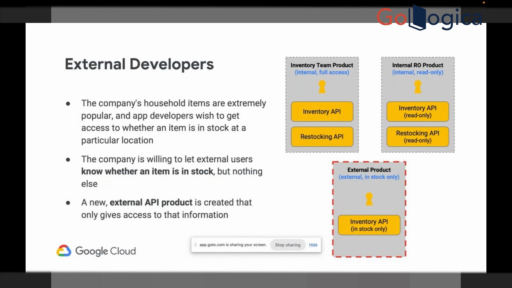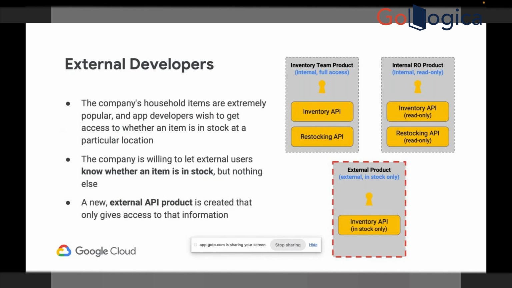Because if they go to the store and don't find the item, it will be a waste of time for them. So they can type whatever item they are looking for, and I can make an API call and provide them the response whether the item is in stock or not. So this is like a value add. A third party developer can build something which is a value add for your customer.